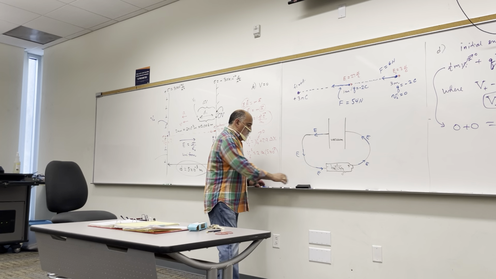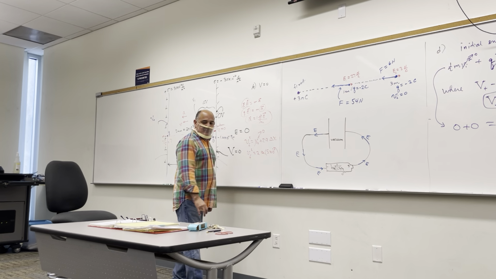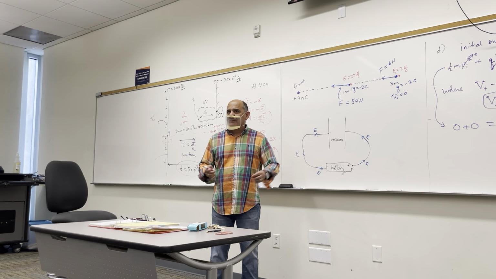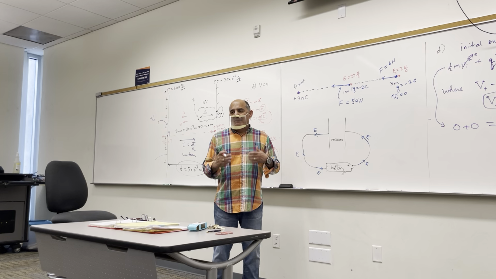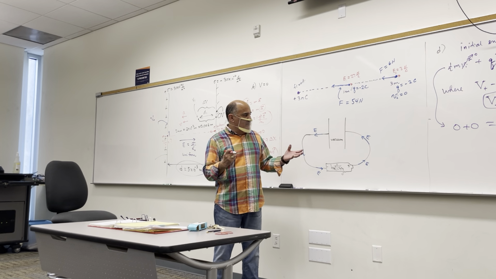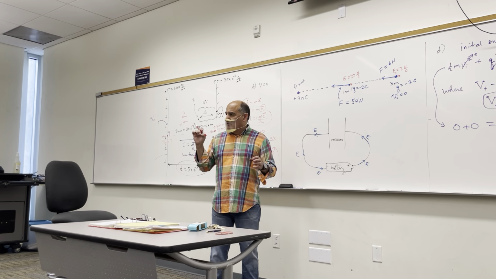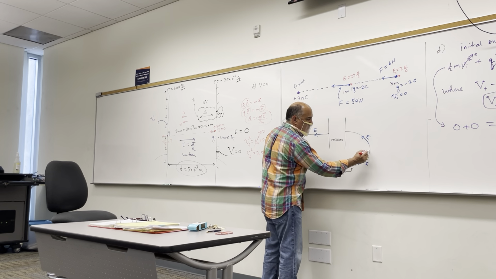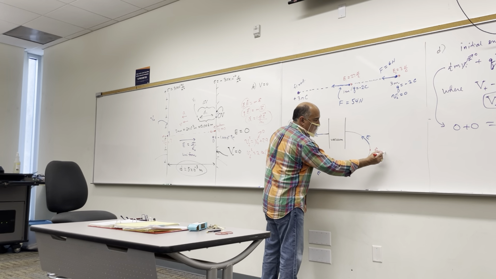Now, we're going to say, well, this is a wire, it's a metal, and in this metal there are electrons that are not tightly bound to the nuclei of those atoms, so you'll have what's called a free electron.